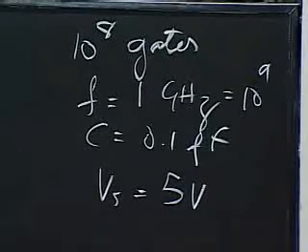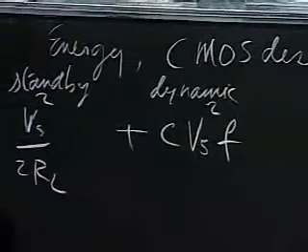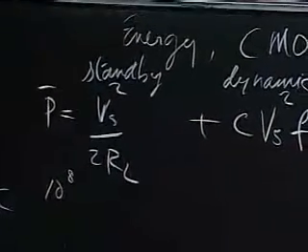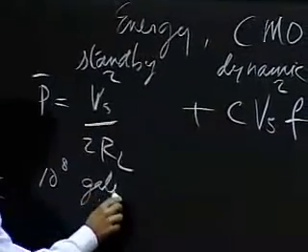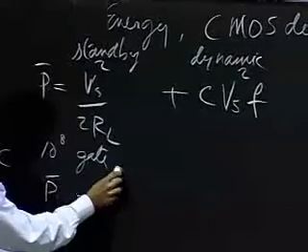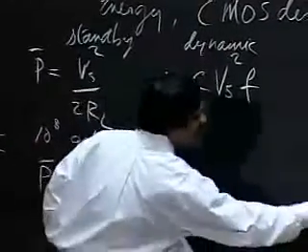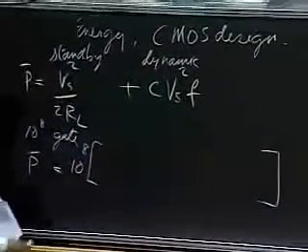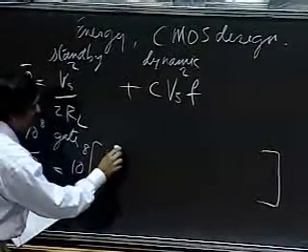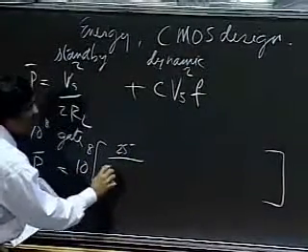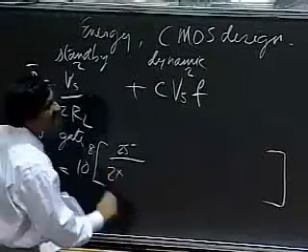For these numbers, if you plonk them down in something like this, for 10 to the 8 gates on a chip, the average power would be 10 to the 8 times these two. This would be 5 squared, which is 25, divided by twice RL.